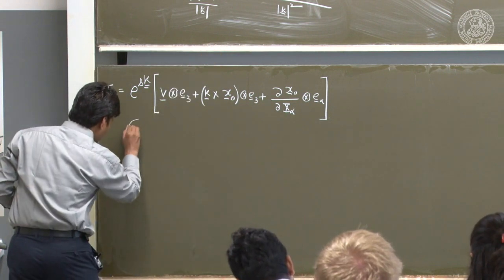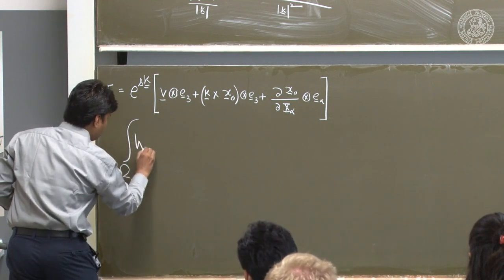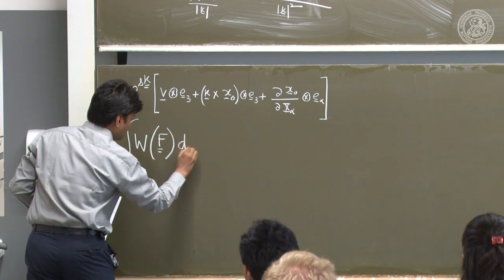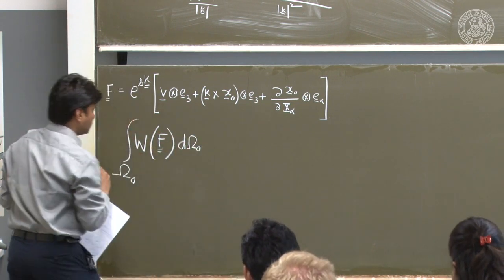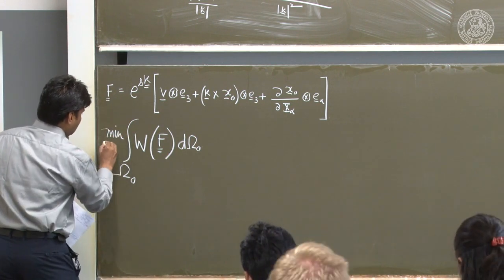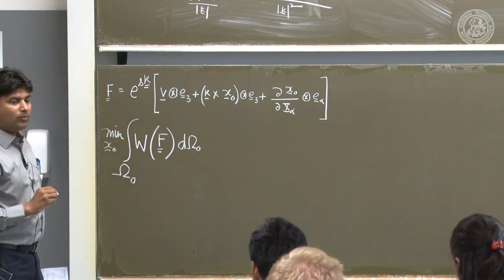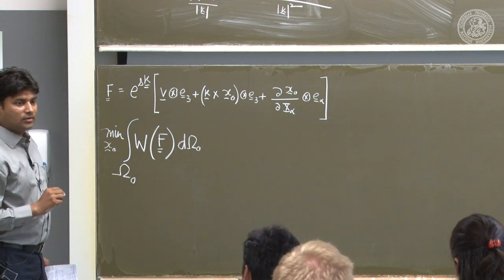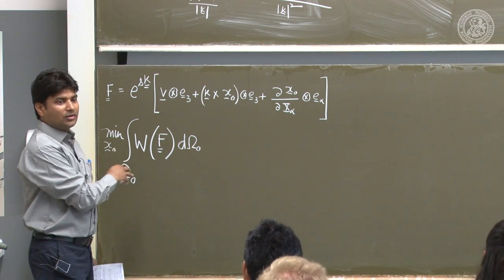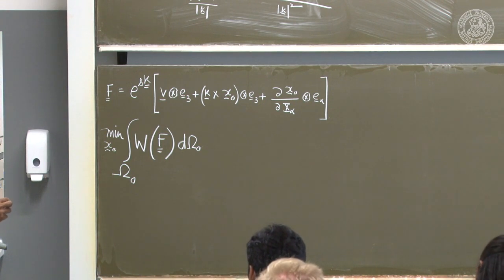So we set our cross sectional energy, which is W of big F integrated over the cross section, and then you minimize this over little x naught for all possible little x naught, and that should give you your little x naught.